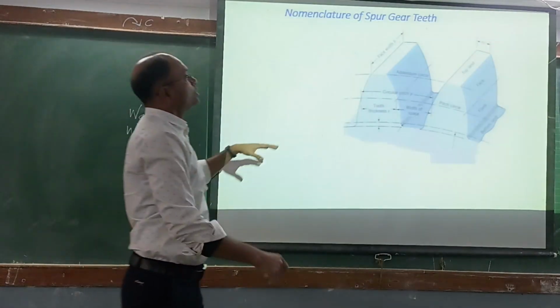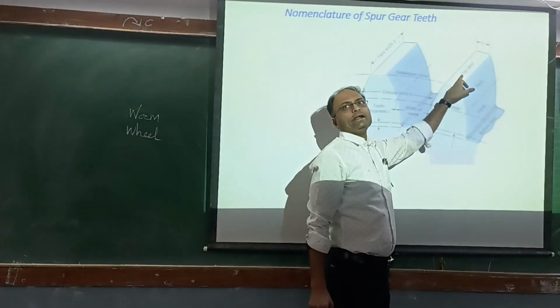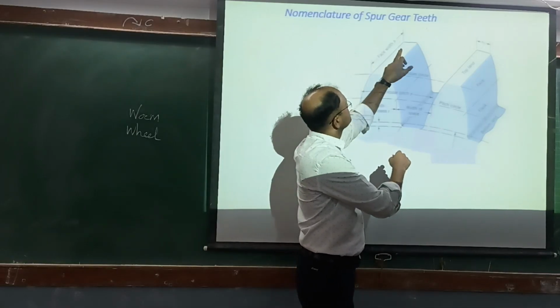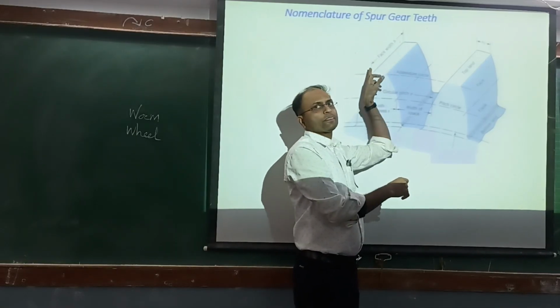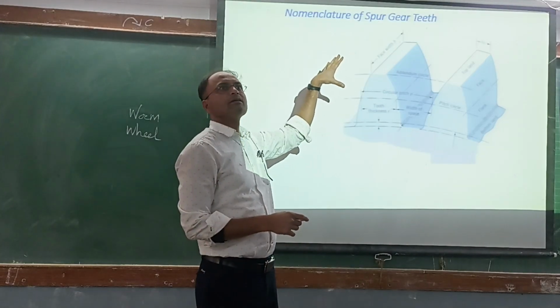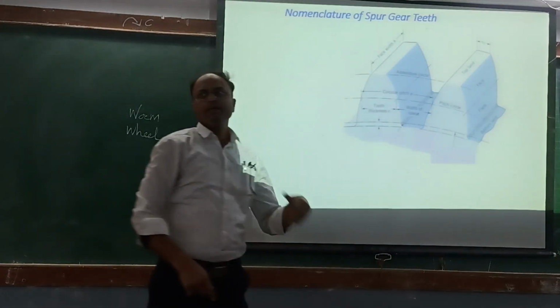You can see the top of the gear tooth is called the top land. Similarly, you can see this distance is called the face width. Then circular pitch, pitch circle.